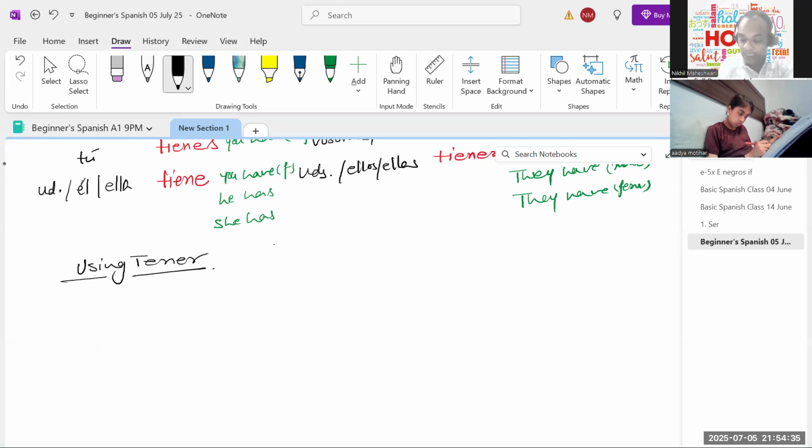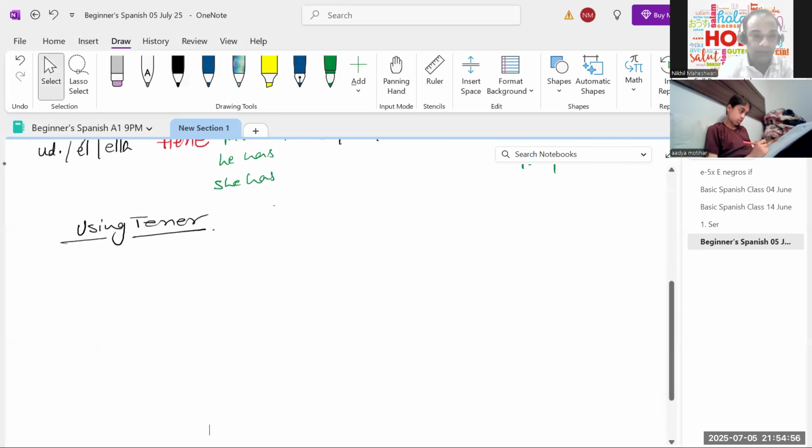Now, there are 3 or 4 types of usage where we can use the verb tener. I'm going to tell you all those situations one by one. So pay attention now.